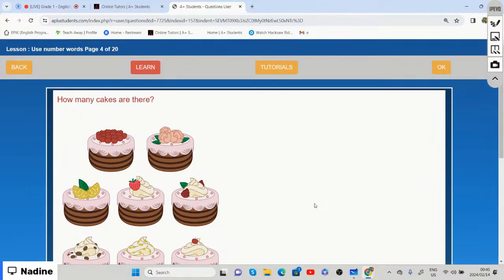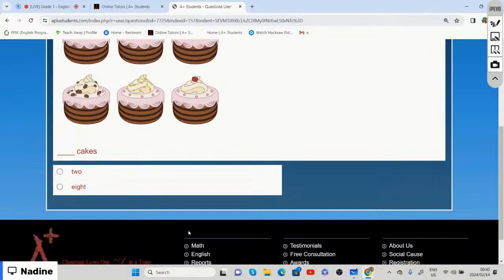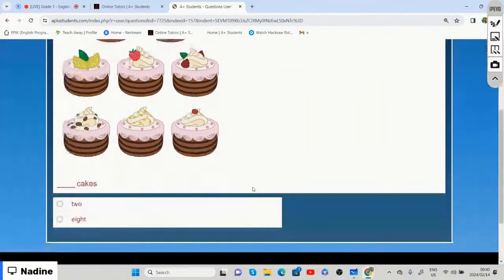And then now we need to say, how many cakes are there? How many cakes are there? 1, 2, 3, 4, 5, 6, 7, 8. So how many cakes are there? Here we have 2 and here we have 8. So 8.